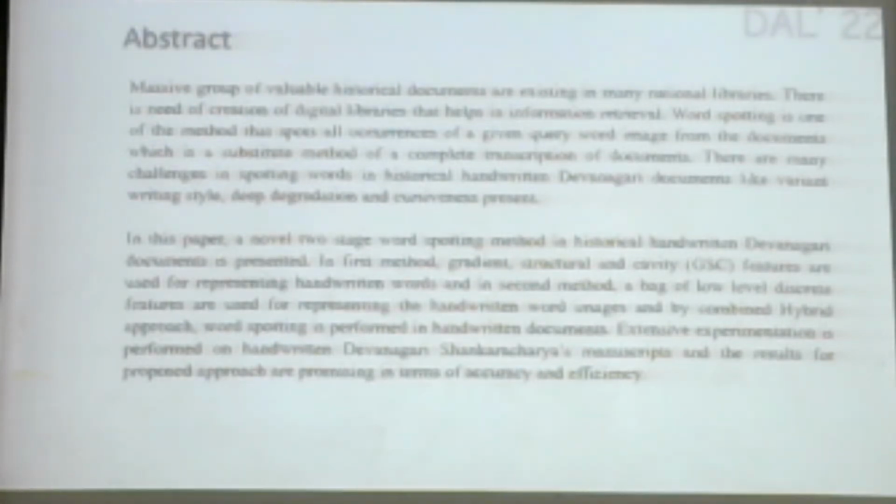In the second method, we use a set of low-level features for representing the handwritten word images. And finally, for spotting the words, we combine the results of both approaches. We have performed extensive experimentation on Devanagari manuscripts, and the results are promising in terms of accuracy and efficiency.